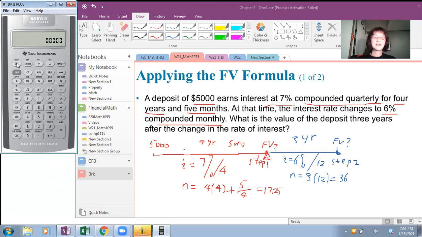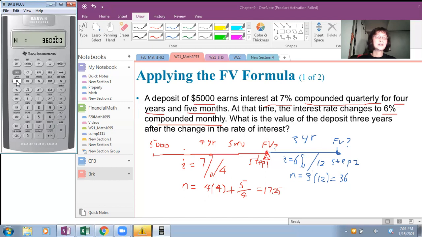Okay. And now, in step 2, I need to recall this number, which is present value. So I press PV. And in step 2, it is 6% annual rate. So 6 is I/Y. And in step 2, N is 36.